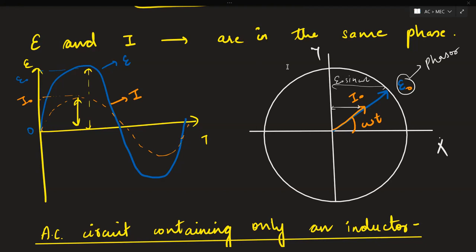Okay, Hamza, right? 90 degrees is the phase difference between them. Kulsum, which quantity leads the other quantity? EMF leads current.